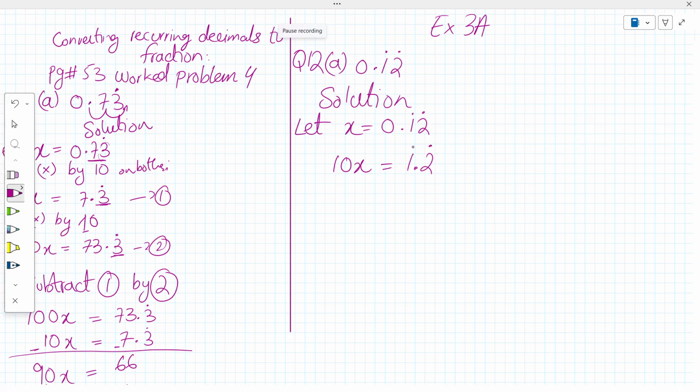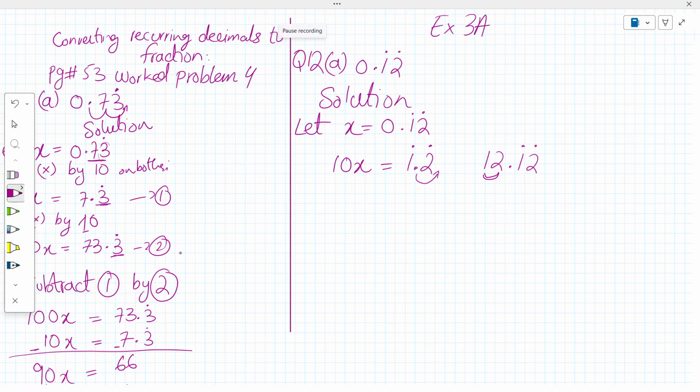Now we further move our decimal to the right hand side, because we want to keep the value like this: 12.12. So one set, or one pair, of the recurring number will be out from the decimal.